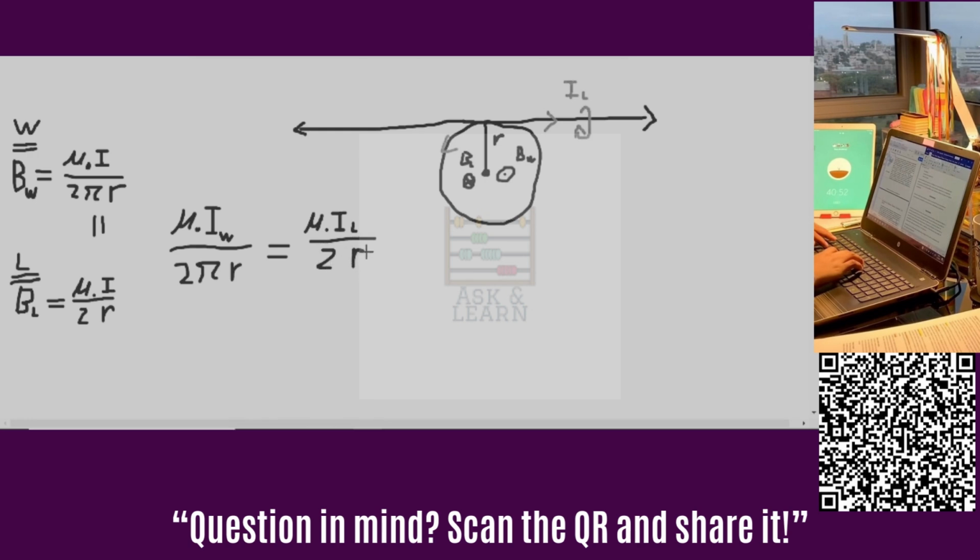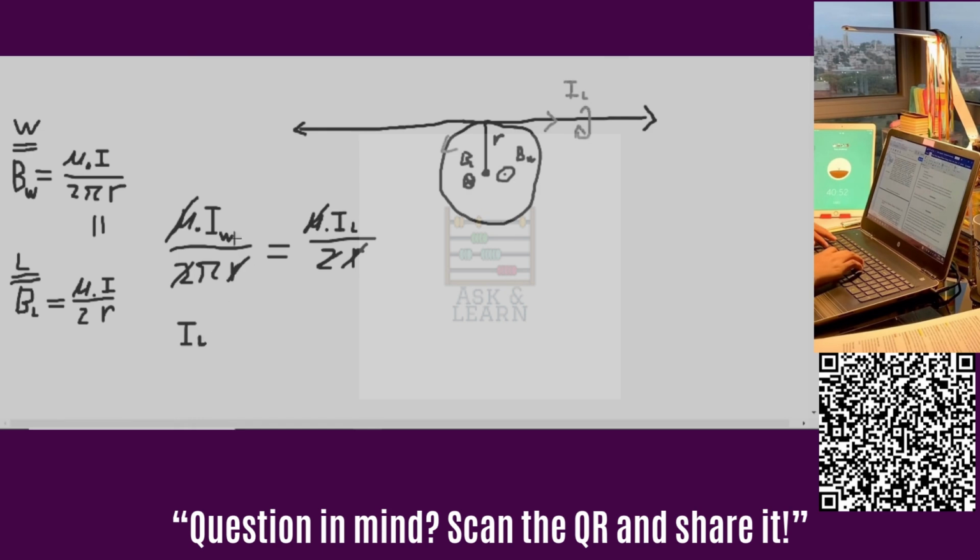So these equations are almost similar. Everything that we have in the same spot on the other side we can cancel. We have a mu naught on each side, we can cancel those. We have a 2 on each side, we can cancel those. And we have this r. So we've eliminated everything on the side with the IL, the current in the loop. I'm going to rewrite that with that on the left-hand side.